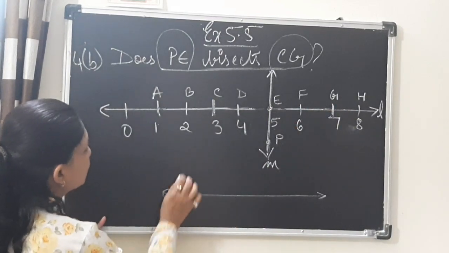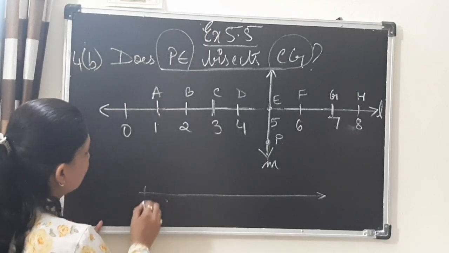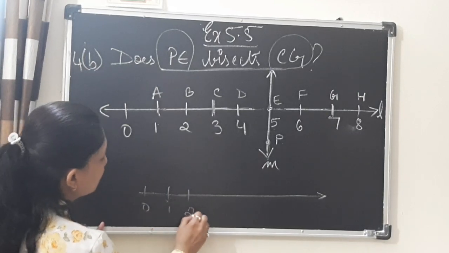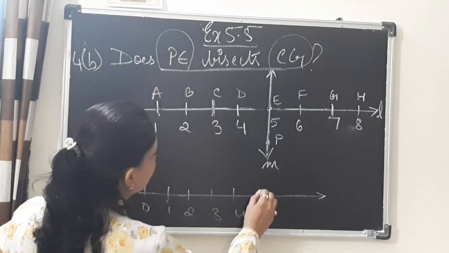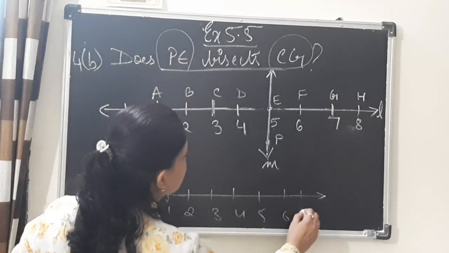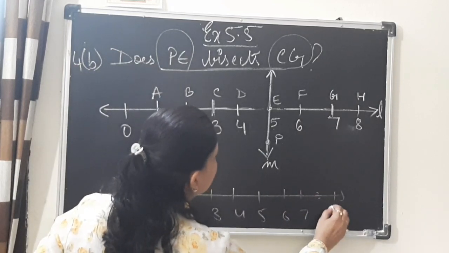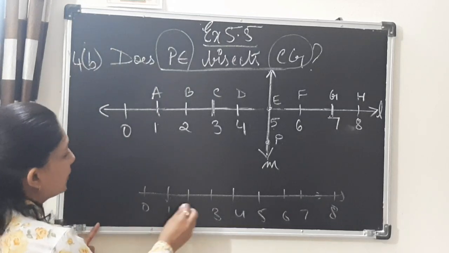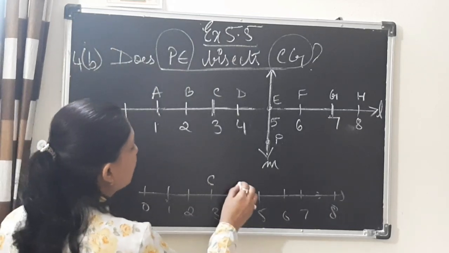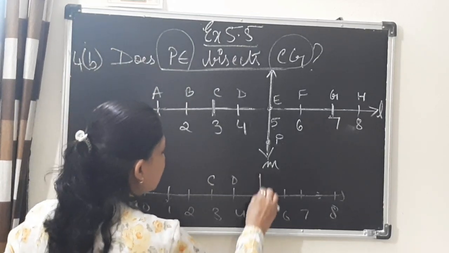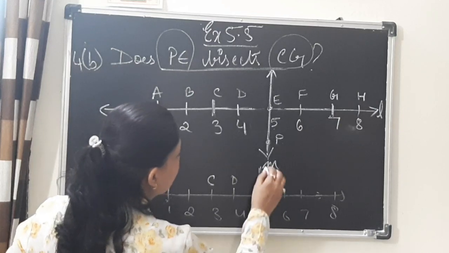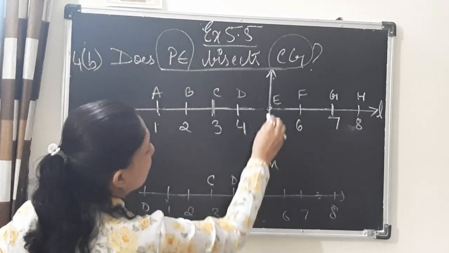Let me draw that. So, on a line, we have 0, 1, 2, 3, 4, 5, 6, 7 and 8 sections. And here you have third number is C. Then you have D. This is your PE. Correct? See here, this line, PE.